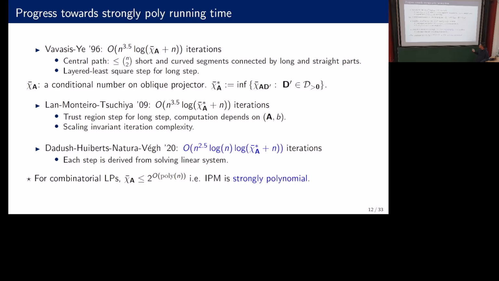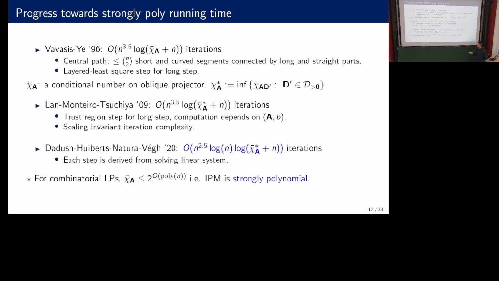But later, this is improved to n to the 2.5 times log m times log chi bar A star. And then it not only enjoys the scaling invariant property, but also each step can be computed from solving linear systems. And why do I call this a progress towards a strongly poly running time algorithm for LP?